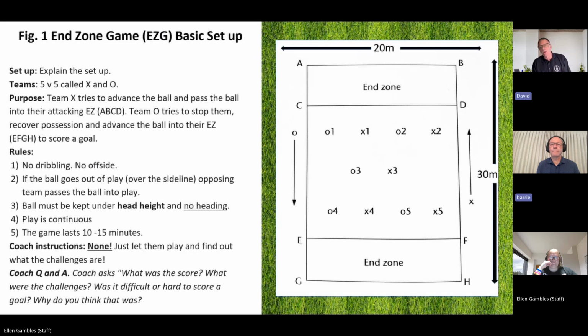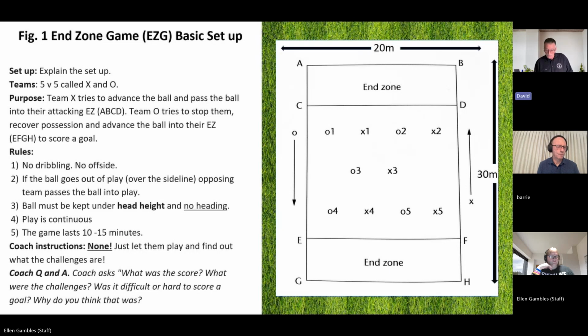So they might say, well, let's make the field bigger. Let's have less players. Come on, let us dribble. But then as the coach, you could choose, and this is very much not one size fits all. The coach makes the adaptation.